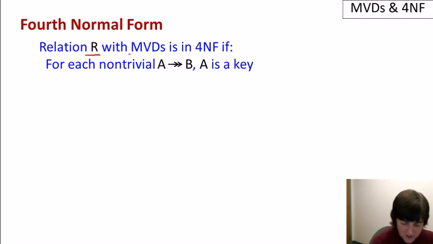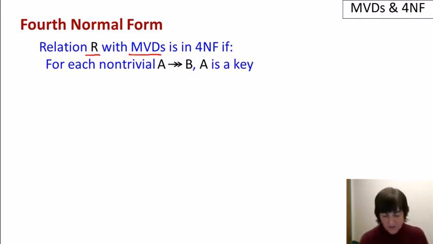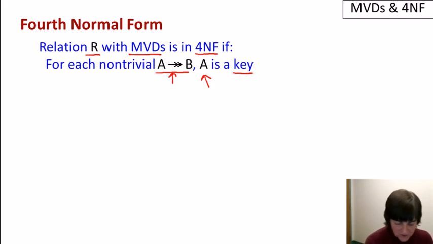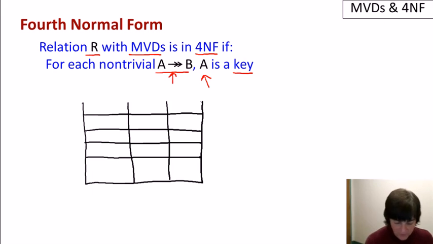It says we take a relation and we take now a set of multi-valued dependencies for that relation, and the relation is in fourth normal form if every non-trivial multi-valued dependency has on its left-hand side a key. Remember, for functional dependencies, it looked exactly the same except we had the functional dependency arrow here instead of multi-valued dependencies. So let's see exactly what fourth normal form is telling us and why it's a good thing.